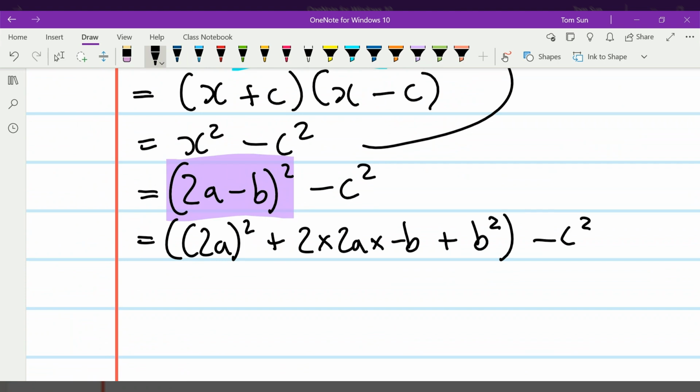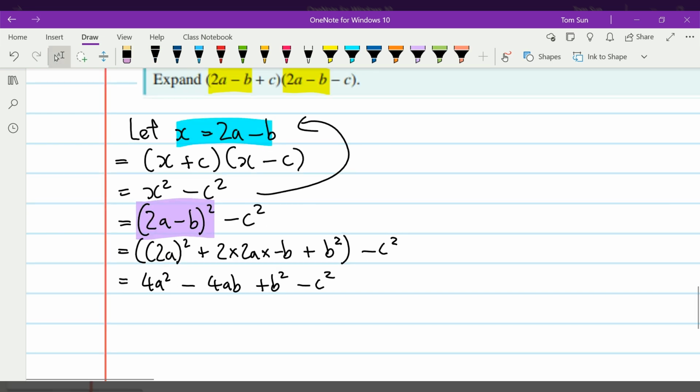Then we just figure this out. 2a squared is just 4a squared, because the 2a is in brackets, so everything inside is squared. Minus, because it's 2 times 2a times negative b, so it's going to be a negative. So it's minus 4ab plus b squared minus c squared. And there is your answer.